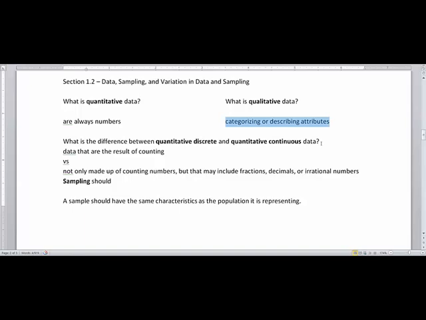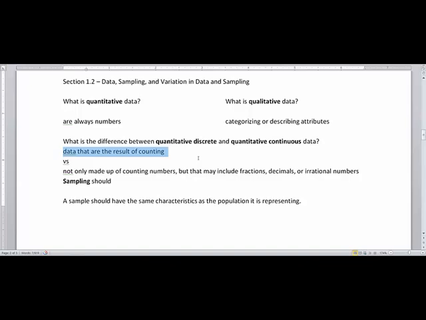Now, there are two different types of quantitative data, and knowing so will actually help steer you towards what kind of statistical tests you want to use in your future statistical needs. Quantitative discrete is data that can be the result of counting.